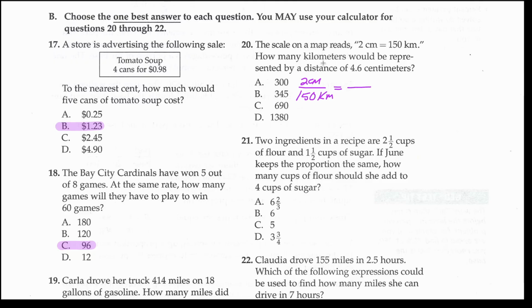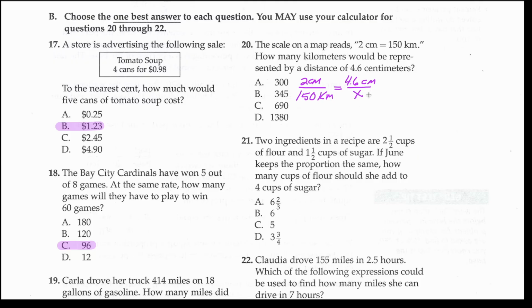How many kilometers? That means the bottom number, because you see, kilometer is the bottom number. How many kilometers would be represented by a distance of 4.6 centimeters? So 4.6 centimeters.